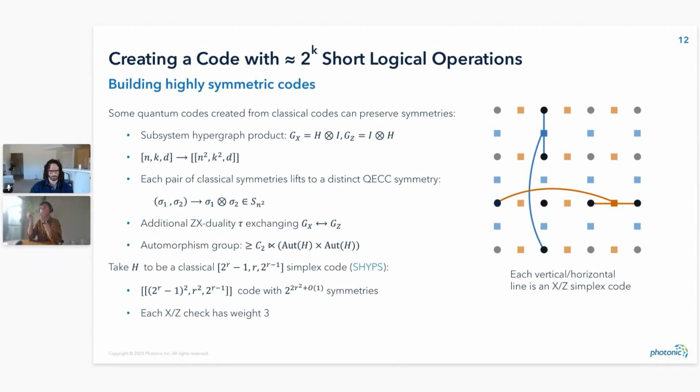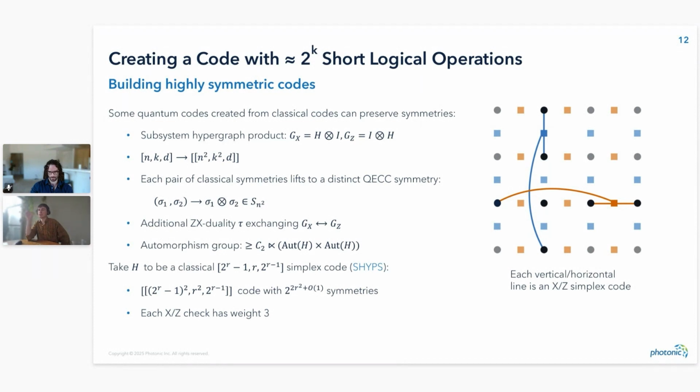And of course, there are a number of different ways you can construct a quantum code. We like the subsystem hypergraph product that takes 2 copies of a classical code, say with parameters n, k, d, parameterized by a parity check matrix we call H here, and it produces a quantum code with n squared physical qubits and k squared logical. I think the nicest way to see this code construction is this diagram on the right-hand side.